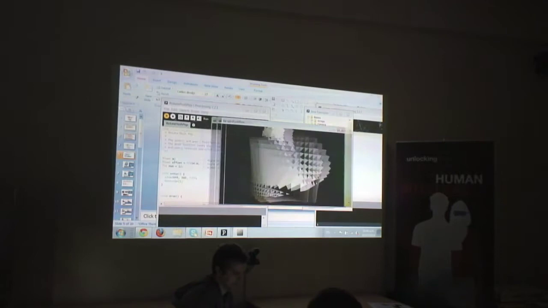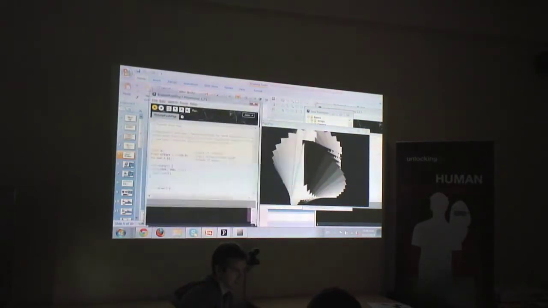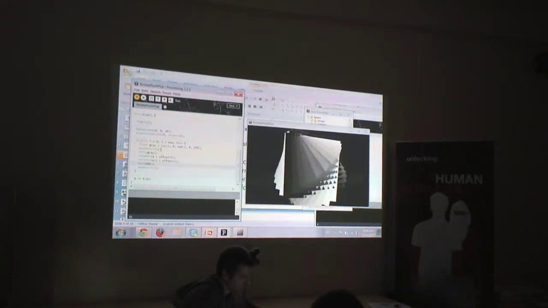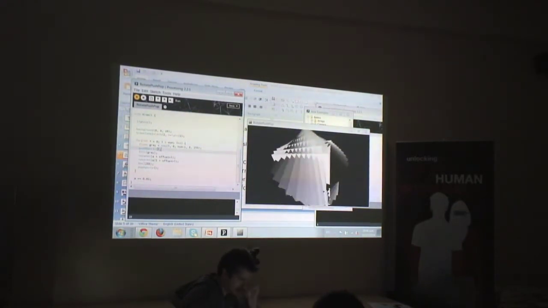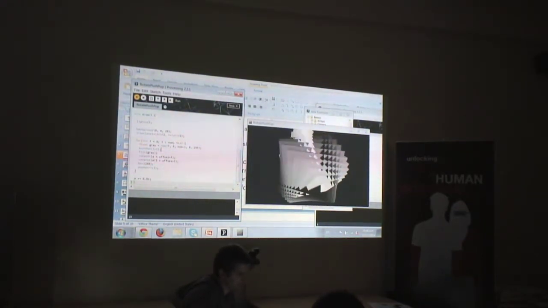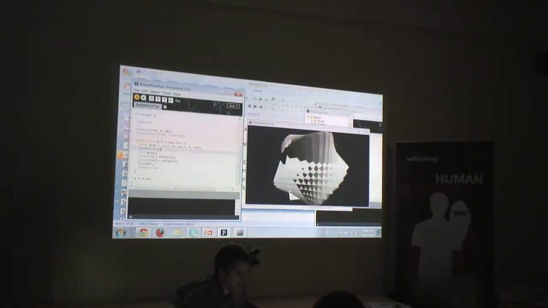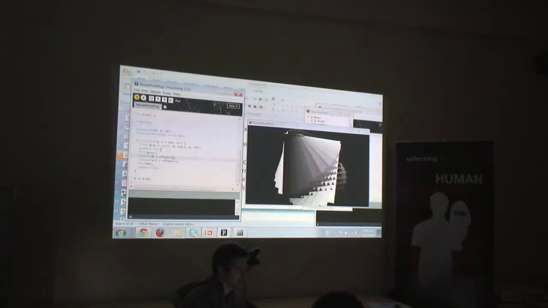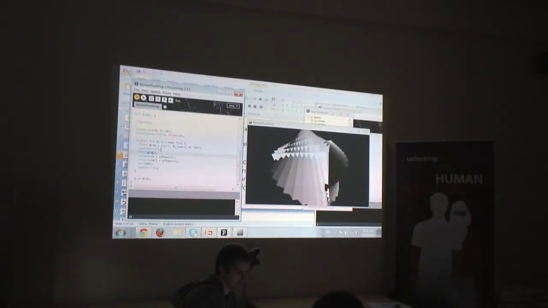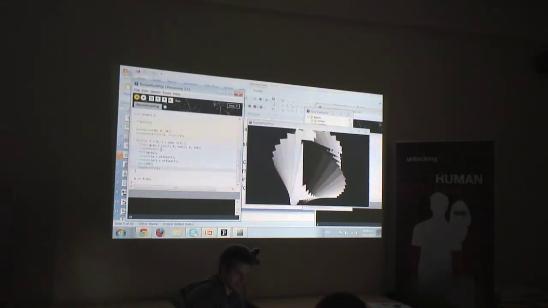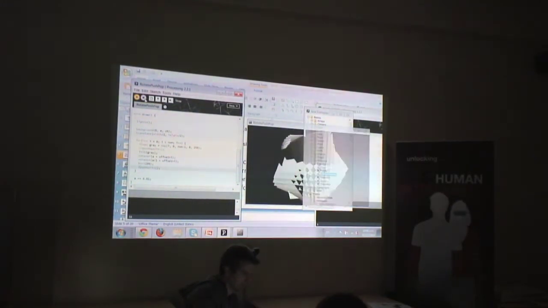So there's actually a ton of boxes there all overlaid on top of each other. And you see for each of these boxes which are drawn, we push matrix and then we rotate by a tiny amount, and then we draw the box and we pop matrix. And you see basically they're all overlaid on each other nicely like a cactus or something.